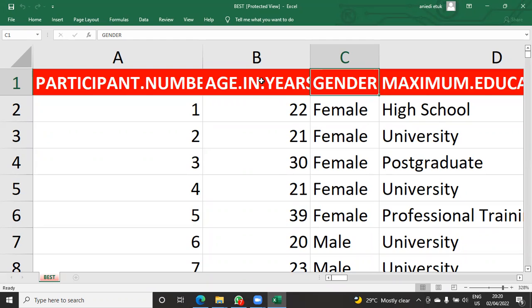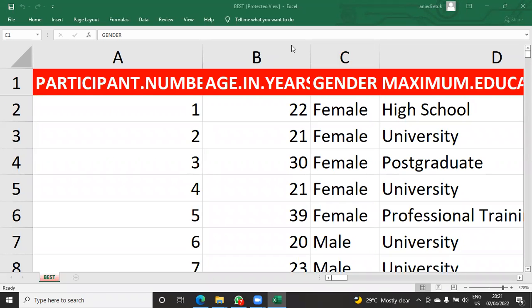The difference between ordinal and nominal is that ordinal data has to do with groups that can be ranked, either in ascending or descending order.